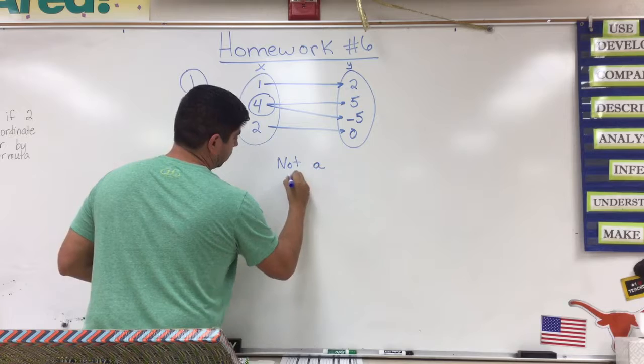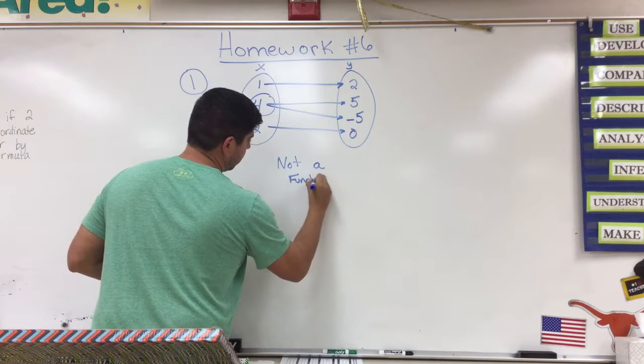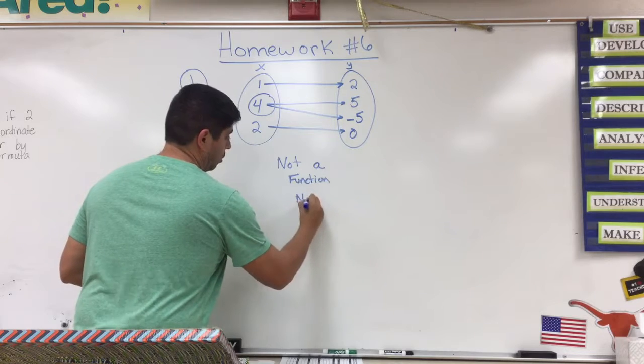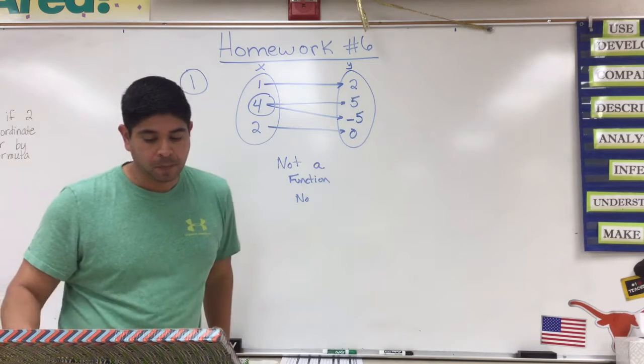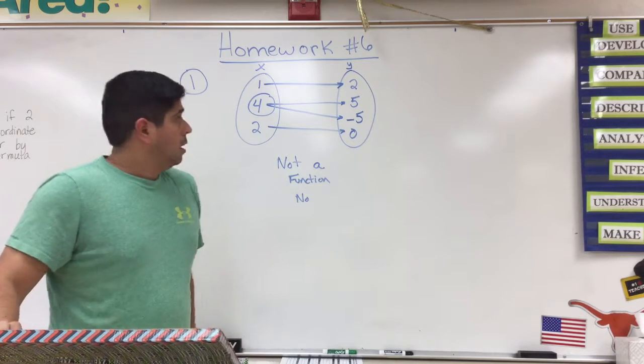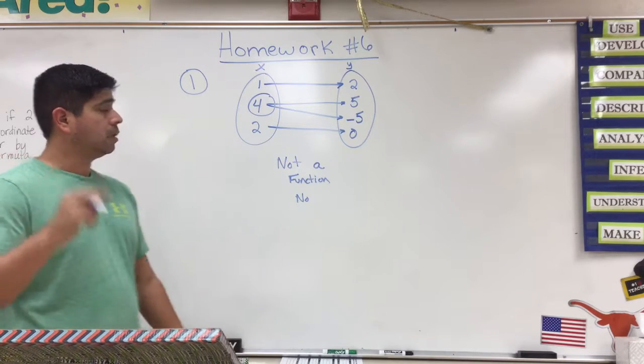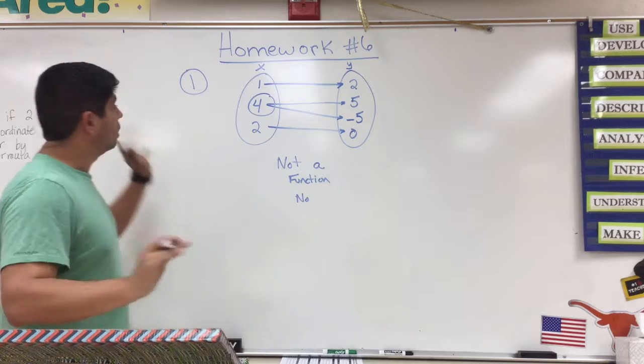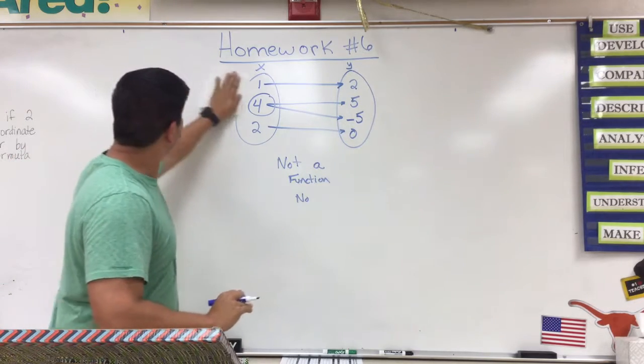Not a function. Okay, if you put no, that'd be okay too. All right, remember, each x value can only have one y value. All right, that's number 1. Let's go to number 2.